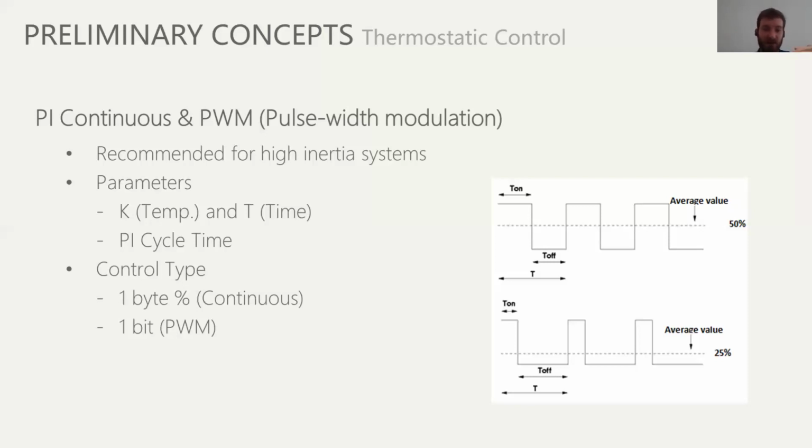What the PWM does is, okay, because I've got a 15 minute PI cycle time and a 50% answer from the PI controller, I will open the valve for half the time of the 15 minutes. So for 7 and a half minutes it would be open, and I will close it for the remaining 7.5 minutes. And that will give the valve to be open for 50% of the time and closed for 50% of the time.